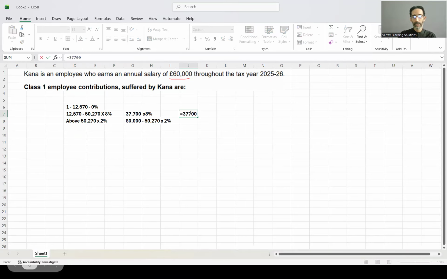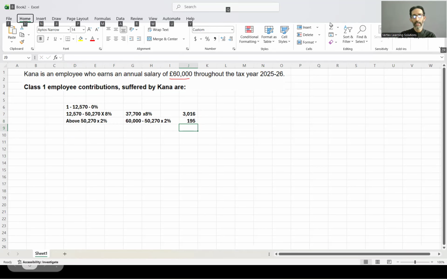So 37,700 times 0.08, and then 60,000 minus 50,270, which is 9,730. We take this 9,730 times 0.02. Then we just need to add this up to calculate the total value.